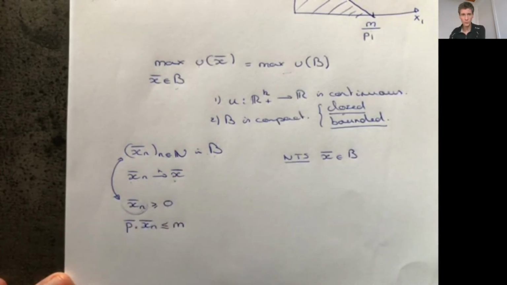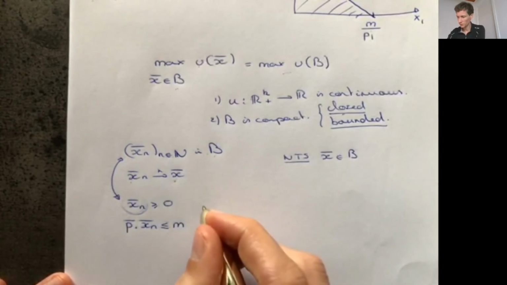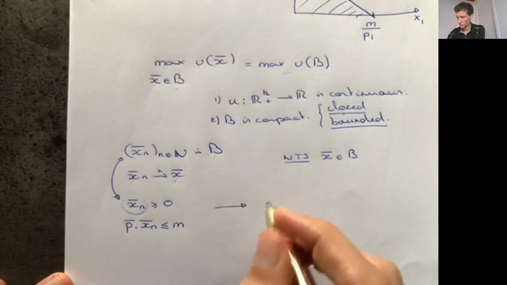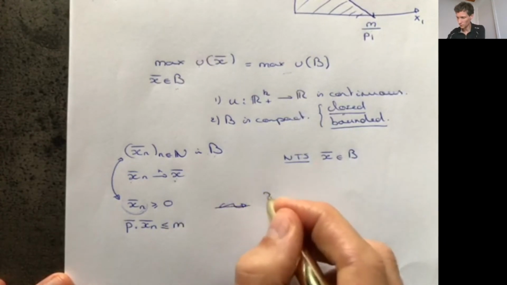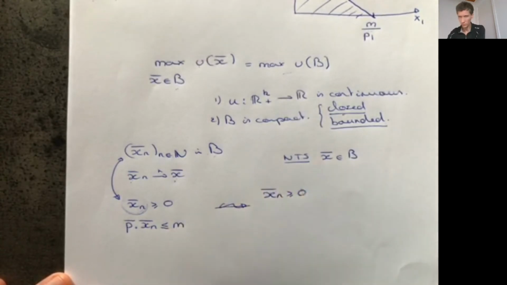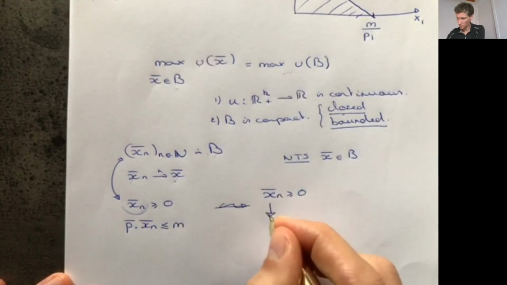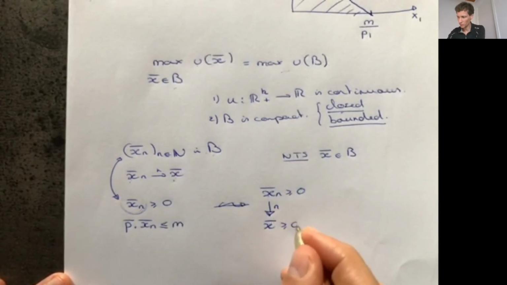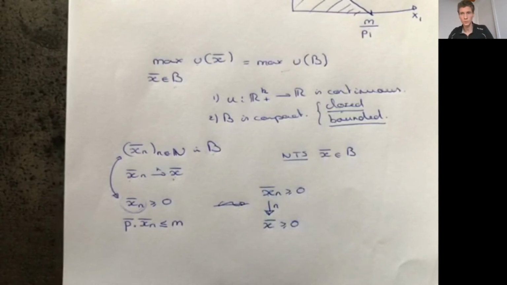Every component is greater or equal to 0, and the sequence of bundles converges to this bundle x. So in general, this implies that x_n is greater or equal to 0, this sequence of vectors converges to x, and every vector in this sequence is greater or equal to 0. So by taking limits, we know that x will also be greater or equal to 0. This is preservation of inequalities when taking the limit.